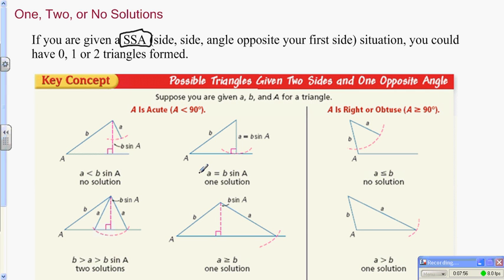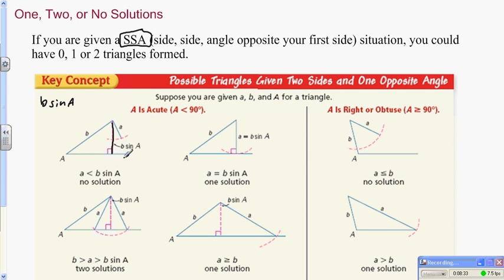And how we decide that comes from b sine A. Now b sine A is the length of the third side of a right triangle. If you knew that length, you can compare the information you have to that length, and that comparison will tell you whether no triangles are possible, one triangle, or two triangles.